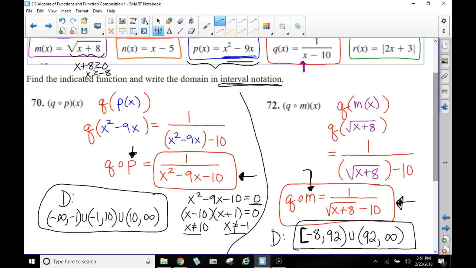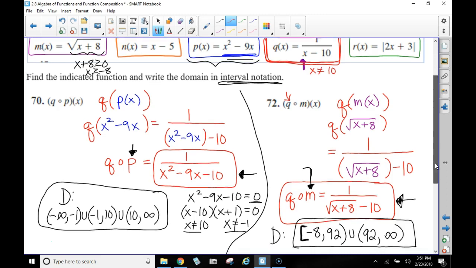One thing that I want you to notice is that even though q of x makes up part of our composition, it's the outer function. And for q of x, x can't be equal to 10. 10, though, is in our domain.